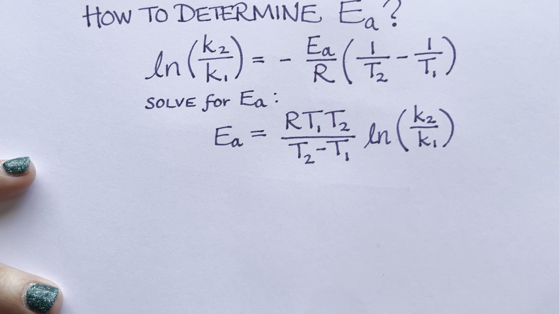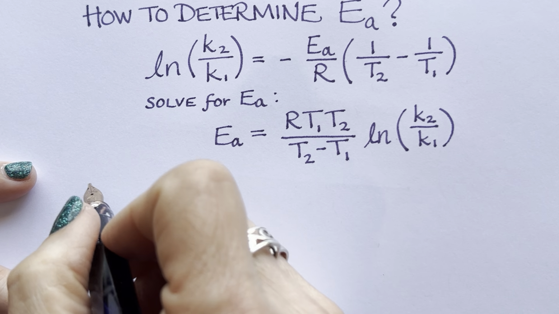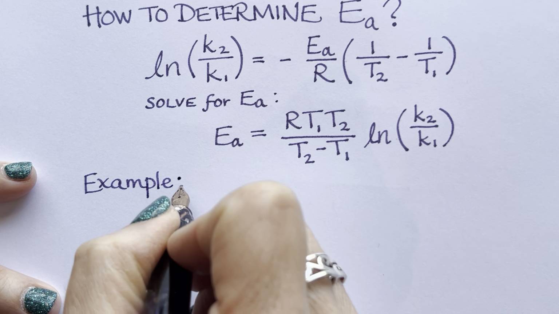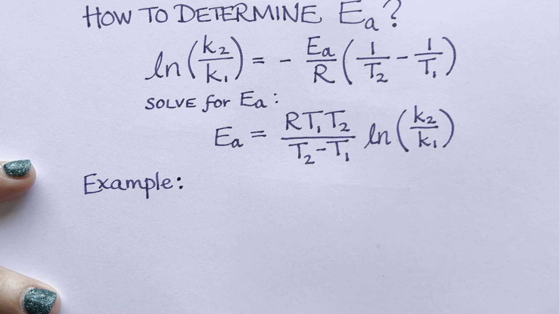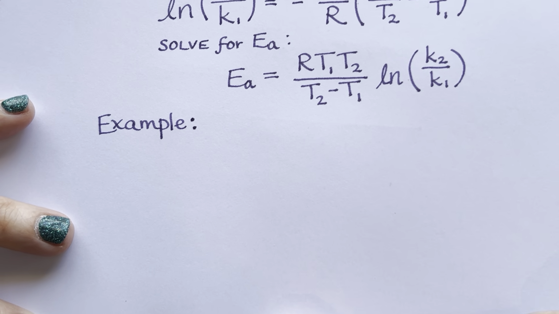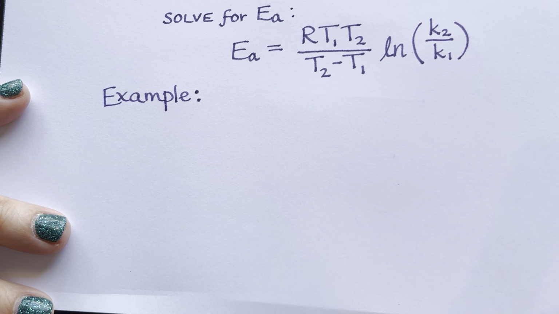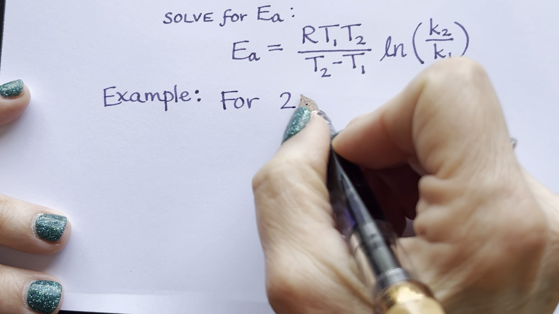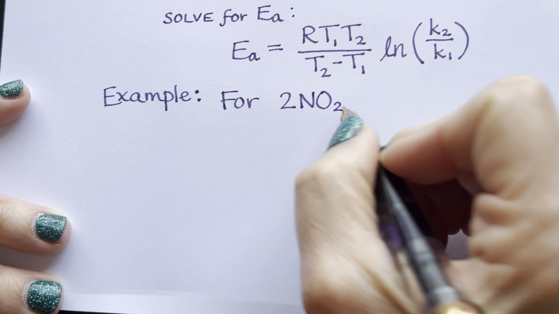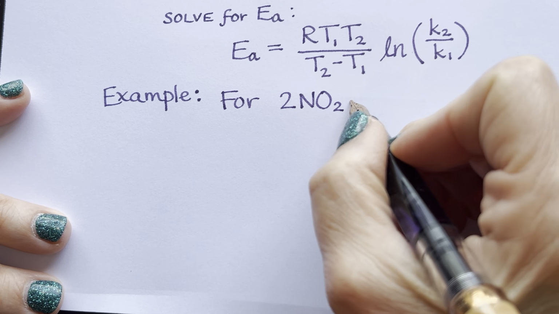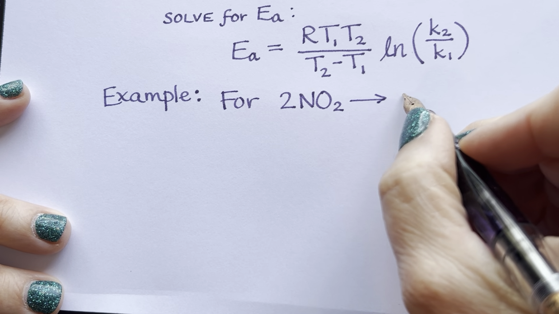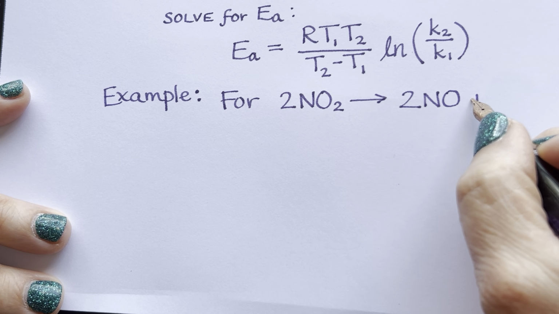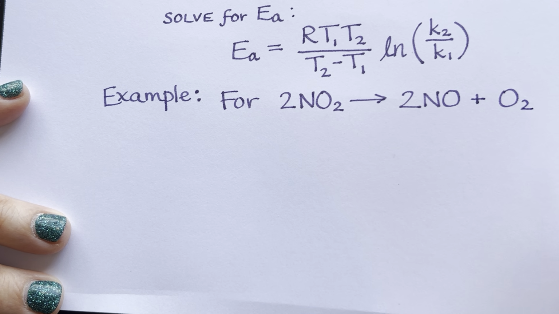Alrighty. Let's do an example. Let's look at this reaction here. I'm going to move this up so we have some room. This is the reaction of nitrogen dioxide that can break apart to form nitric oxide and oxygen. This is all gas phase.